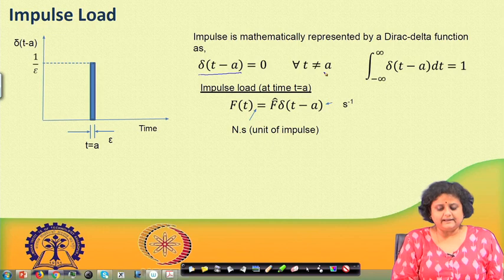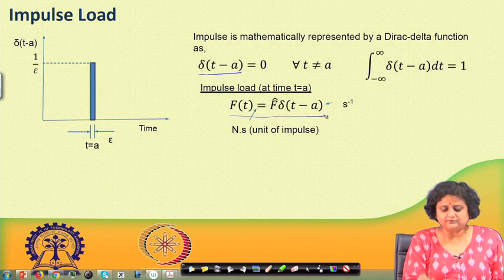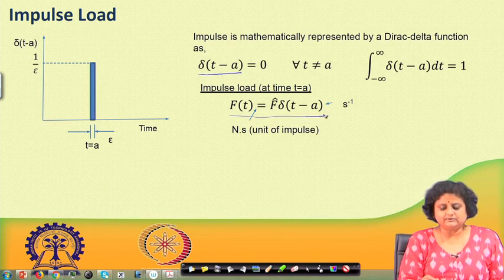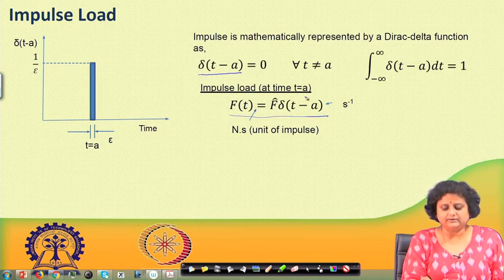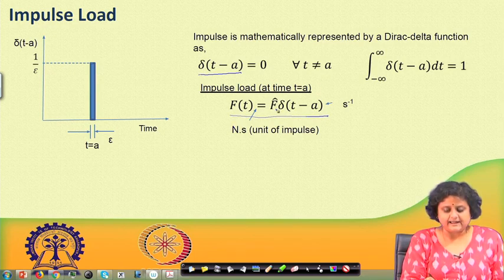Now, the expression for an impulse load is given here, which is nothing but an impulse times a Dirac delta function. This is an impulse load acting at a time instant t equals a, and it is written as F hat. F hat is nothing but an impulse.